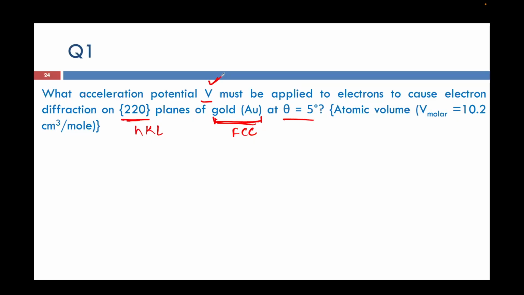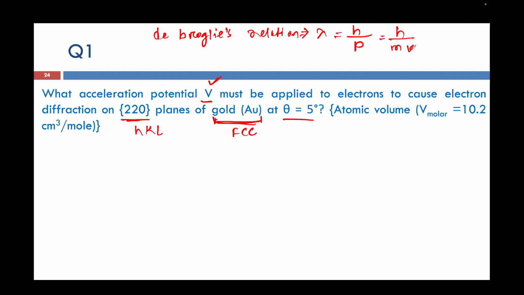Here I am writing the equations we have gone through. We know the de Broglie relation: lambda is equal to h by momentum. Momentum p is mass into velocity, small v.